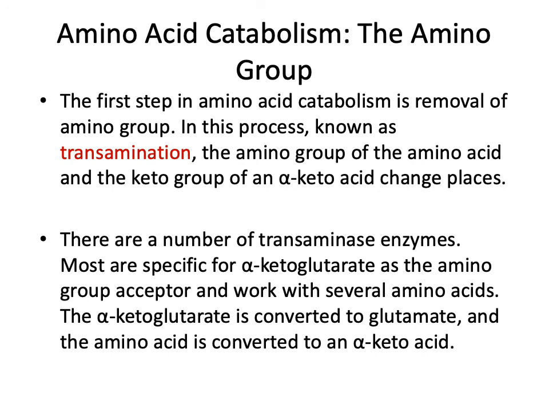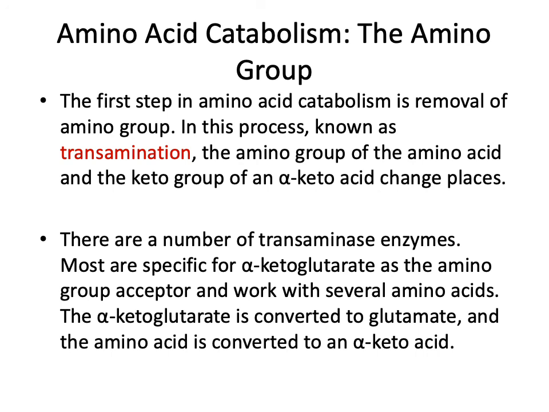So again, the first step in breaking down an amino acid is the removal of the amino group. This is called transamination, and it involves a transfer of the amino group of any amino acid to the keto group, generally of an alpha keto acid. There are a number of transaminase enzymes.